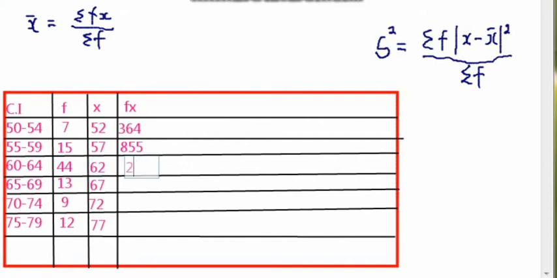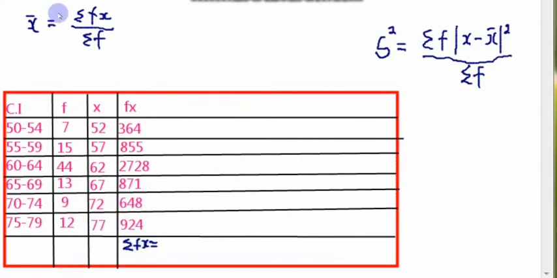Press your calculator, it gives us 2,728. The fourth row, 13 times 67. When we multiply it, 13 times 67 is 871. Then that's how we do the others. 9 times 72 will give us 648. 12 times 77 is 924.